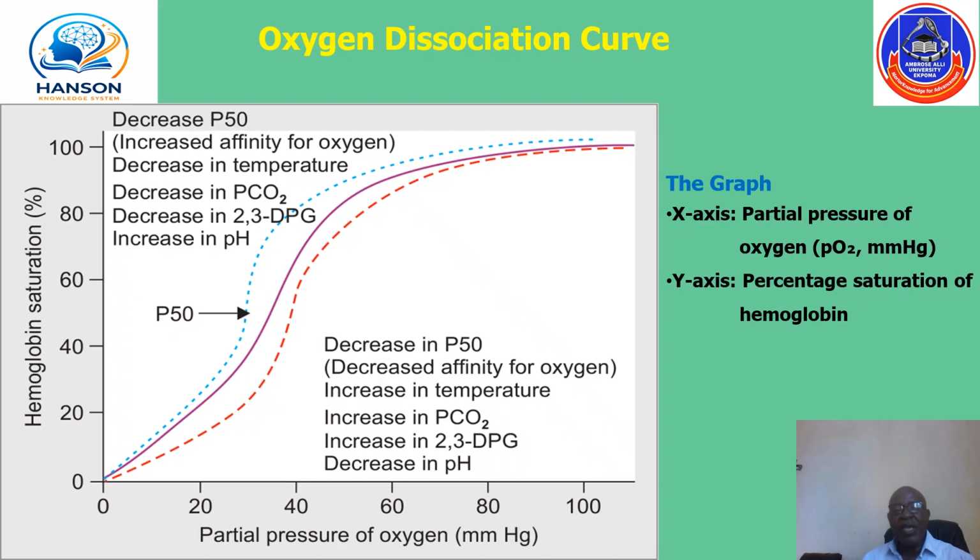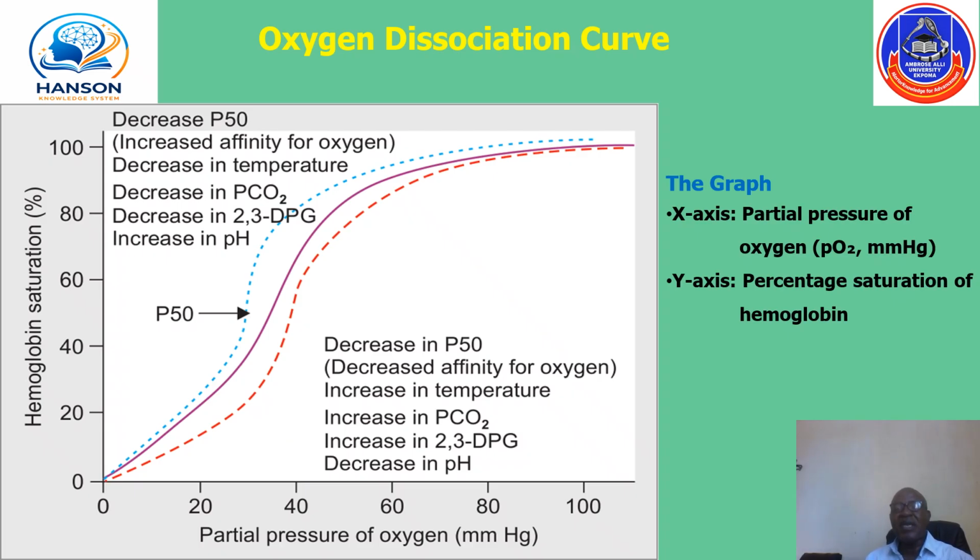For there to be a decreased affinity for oxygen, there will need to be an increase in temperature, an increase in partial pressure of carbon dioxide, an increase in 2,3-diphosphoglycerate, and a decrease in pH.